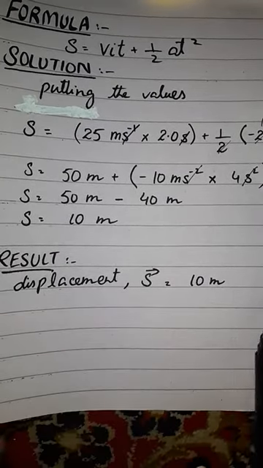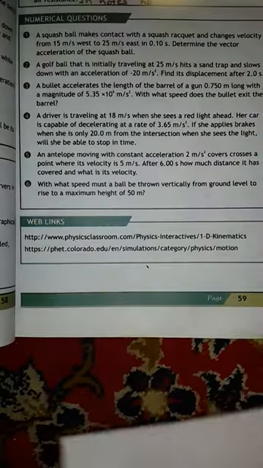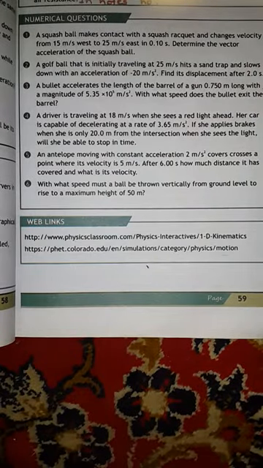Now we come to the third numerical: a bullet accelerates the length of the barrel of a gun, 0.750 meter long, with a magnitude of 5.35 into 10 raised to power 5 meter per second square. With what speed does the bullet exit the barrel?